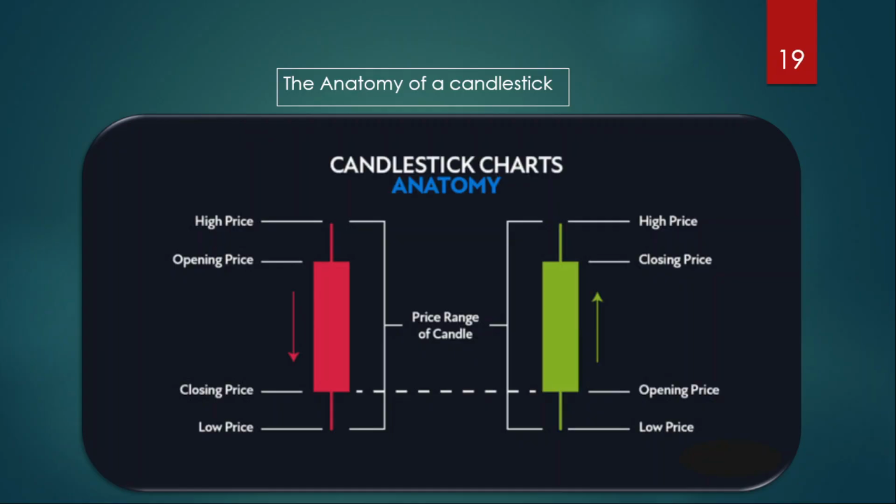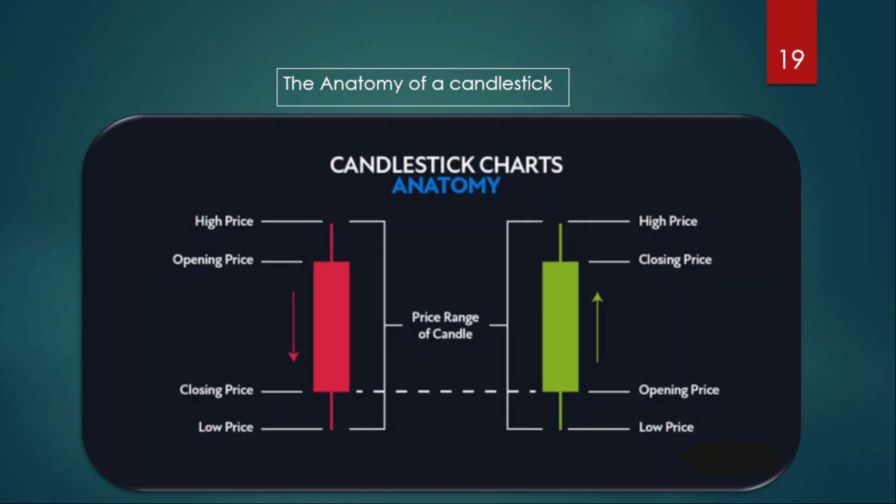We have a bearish candlestick and a bullish candlestick. The red candlestick is a bearish candlestick. It indicates that the price is going down. And the bullish candlestick is the green candlestick, indicating that the price is moving up.